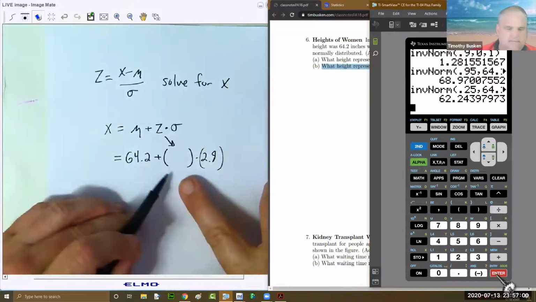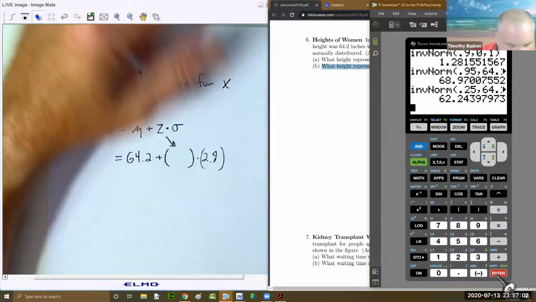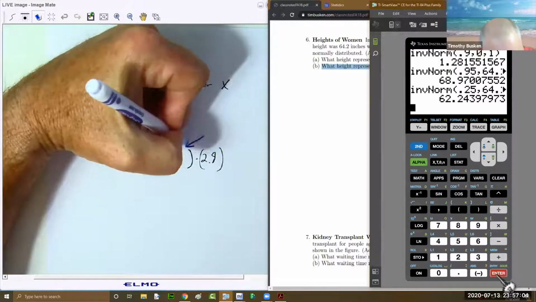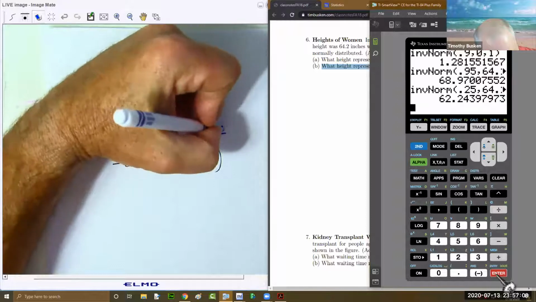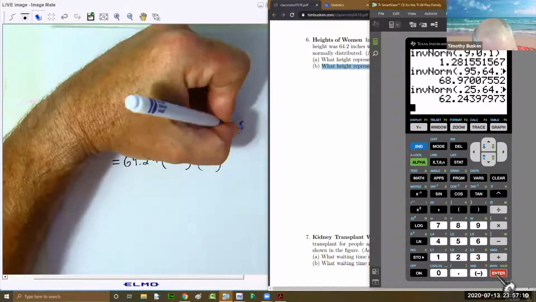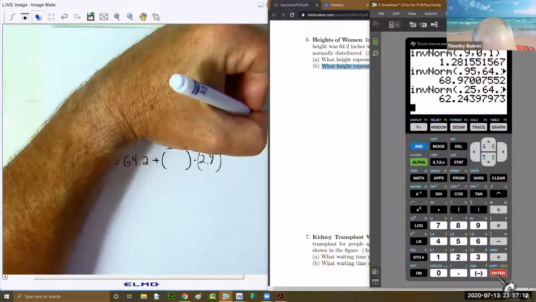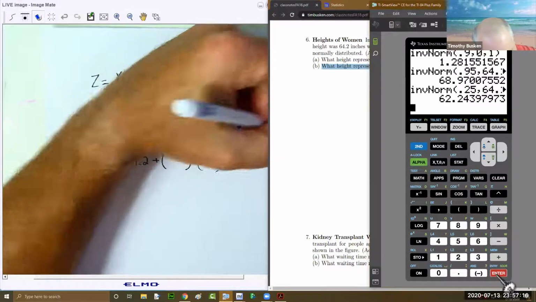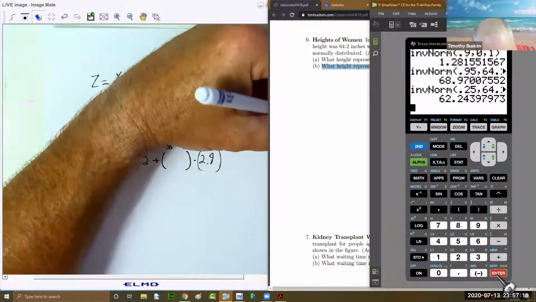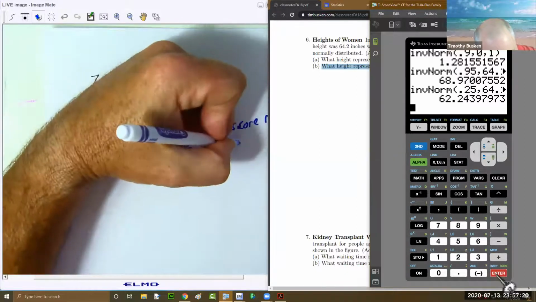So this value of z right here needs to be the z-score representing the 25th percentile.